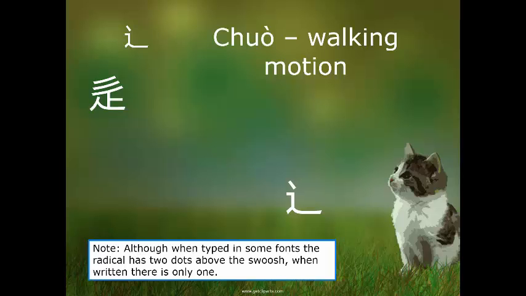The next character is motion, and it looks almost as if this was the person's head and then this was the body, and then this swoosh behind them is the zoom motion of their passing. Whoosh, clouds.